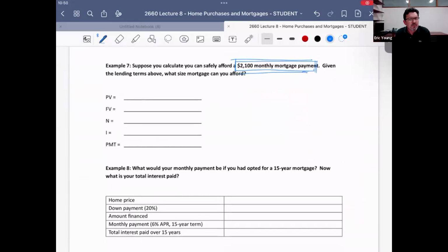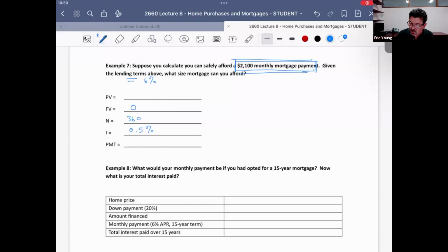Well, scavenger hunt, not a big deal. We know that you're still going to pay the house off, so FV is 0. We know it's going to still be a 360-month, 30-year loan. And because we're using the same lending terms, so we're keeping 6%, this is going to be 0.5%.